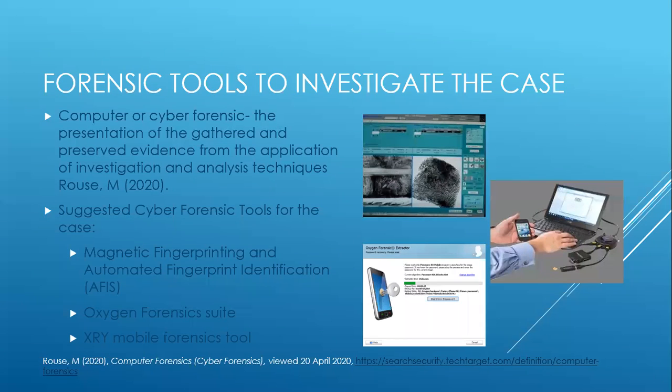Oxygen Forensic Suite and XRY mobile forensic tools are pretty much the same. They are the tools required to unlock mobile devices such as Android and iPhones. Through this, even deleted data such as call information, SMS, MMS, and images can be recovered.